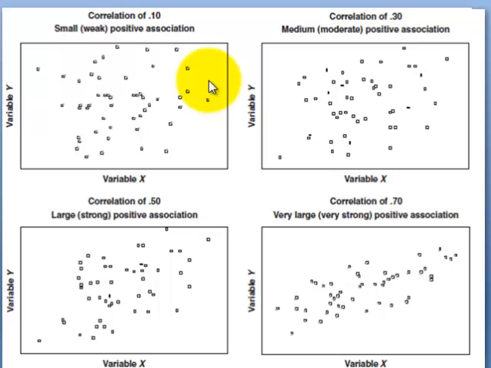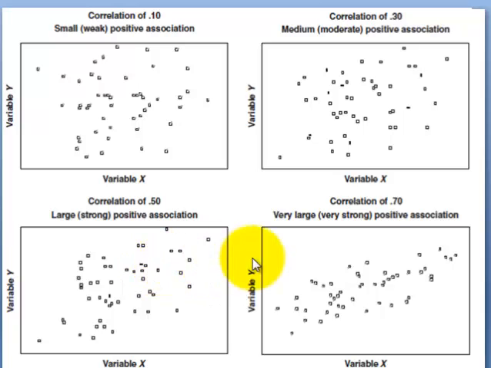Let's jump ahead to this strong positive correlation as approximated by our descriptors. Here the dots are beginning to line up in an oval-like pattern around a straight line that goes from lower left to upper right. Were you to read in a journal article that the correlation between x and y was 0.50, your mind's eye could perhaps picture a scatter plot that would look something similar to this one.